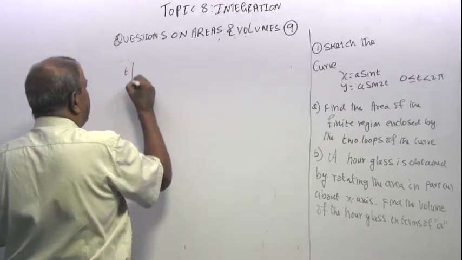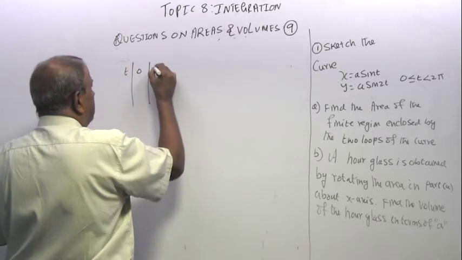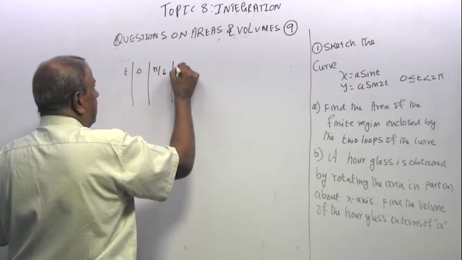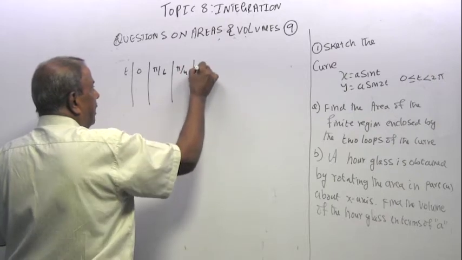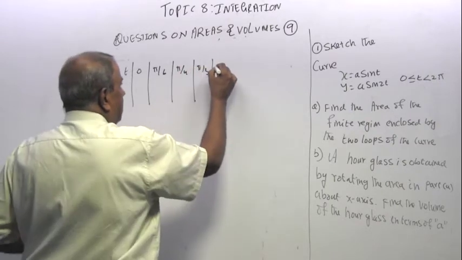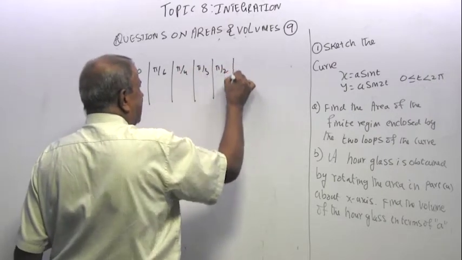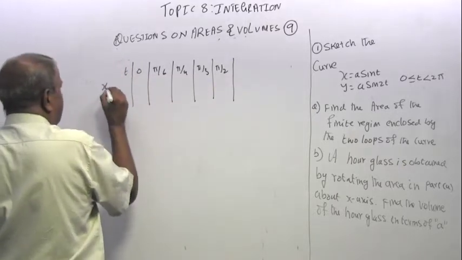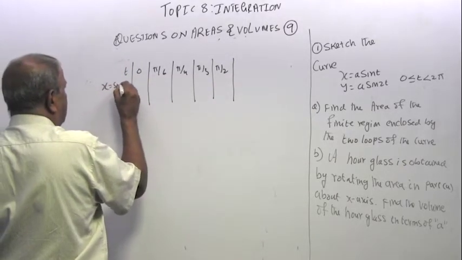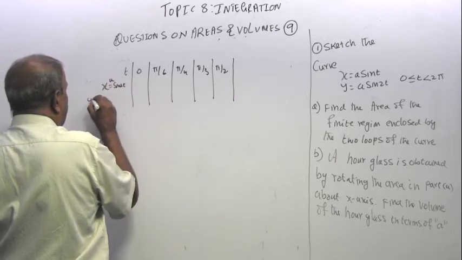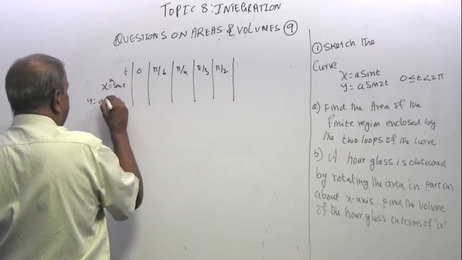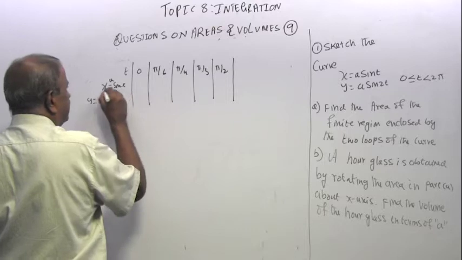So t is 0, pi over 6, pi over 4, pi over 3, pi over 2. I think that should be enough for me. What is x? x is equal to a sine t, and y is a sine 2t.